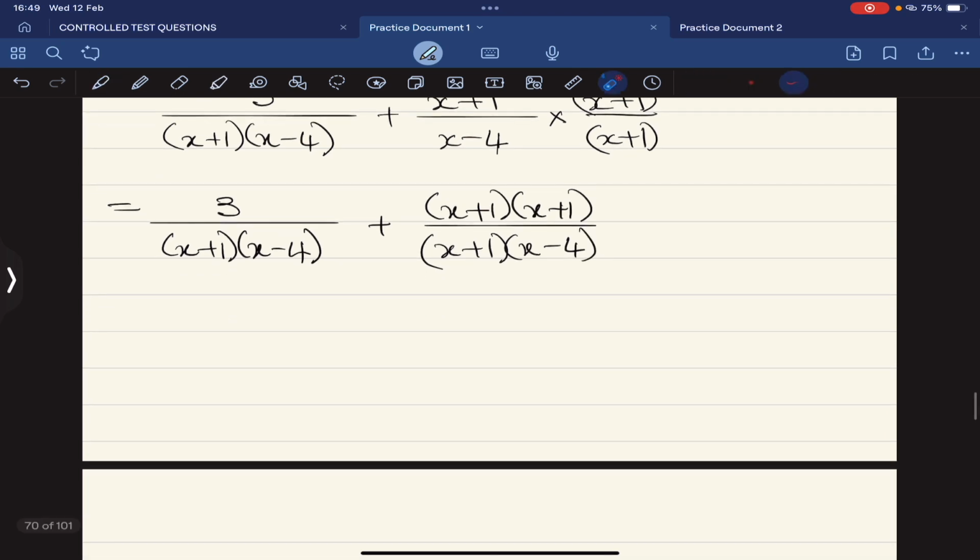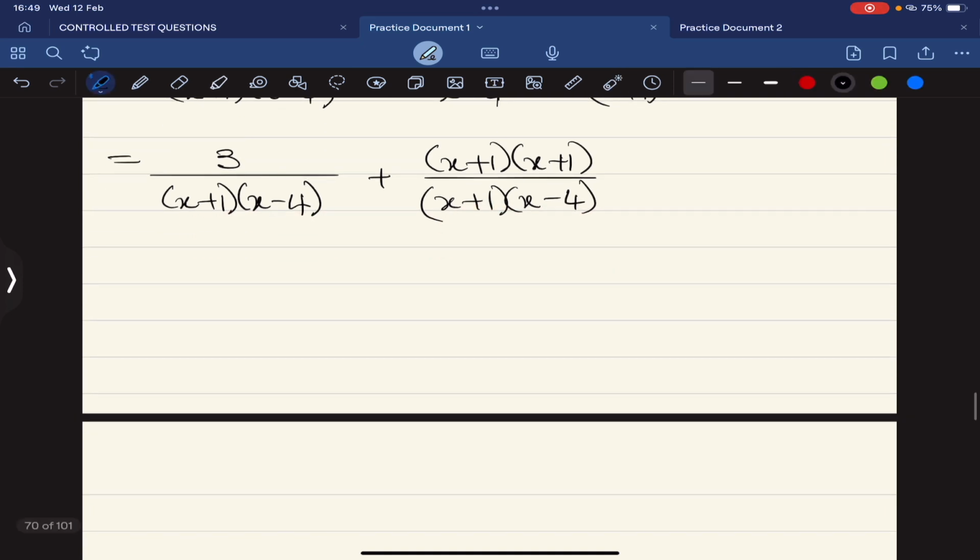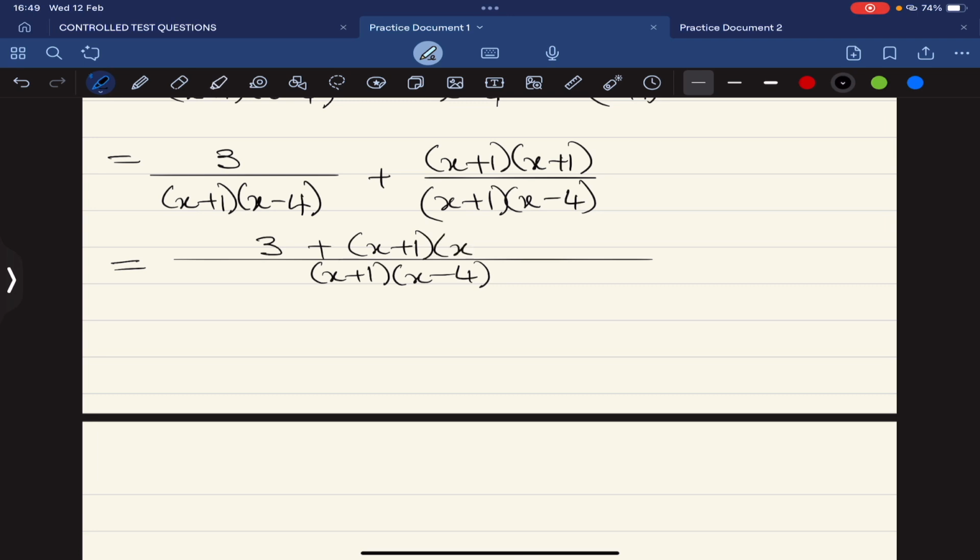So now I've got the same denominators, so I can write all of this over one denominator. I've got my denominator here as x plus 1 and x minus 4, and then in my numerator I've got 3 plus x plus 1, x plus 1.